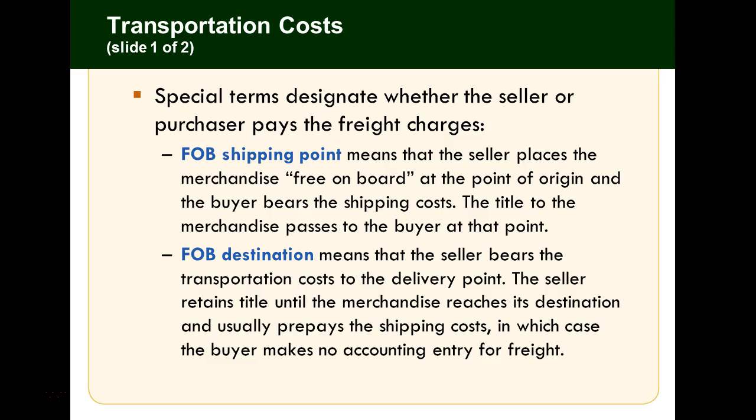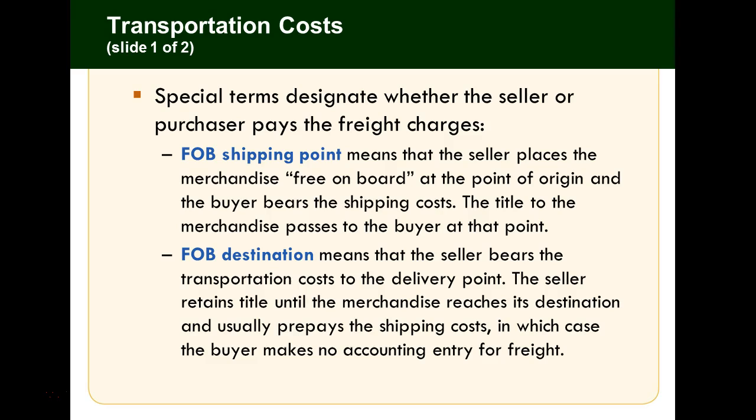If the shipping terms say FOB destination, free on board to the destination, then the seller bears the transportation costs to where they need to deliver the goods. The seller retains the title in this case until the merchandise reaches its destination and usually prepays the shipping costs.